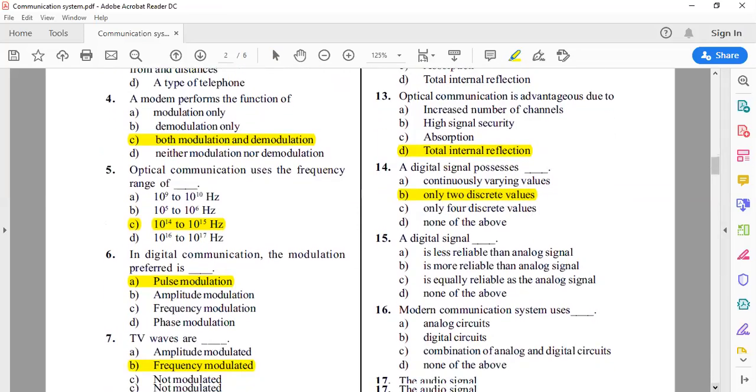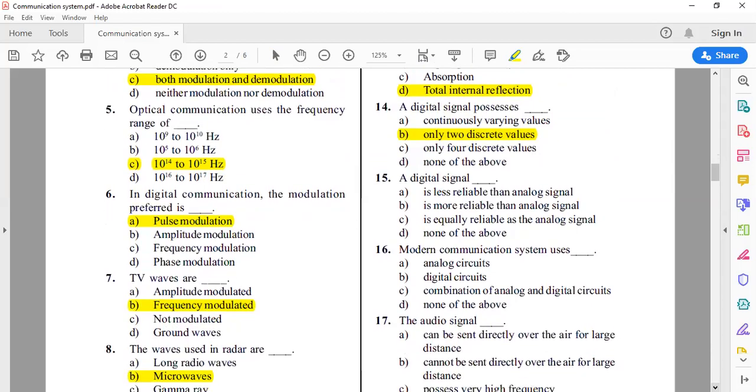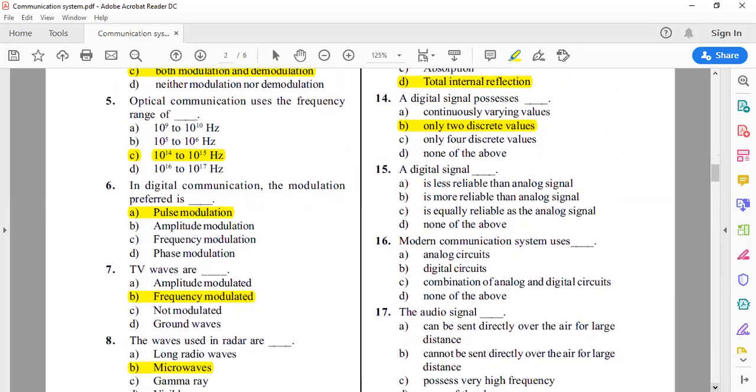Next one, question number 15. A digital signal. Four options are given: is less reliable than the analog, is more reliable than the analog signal.